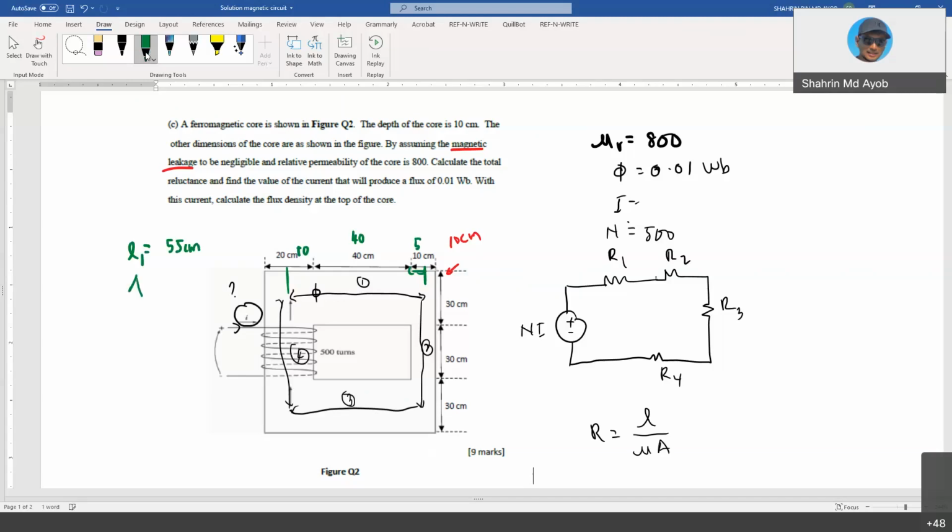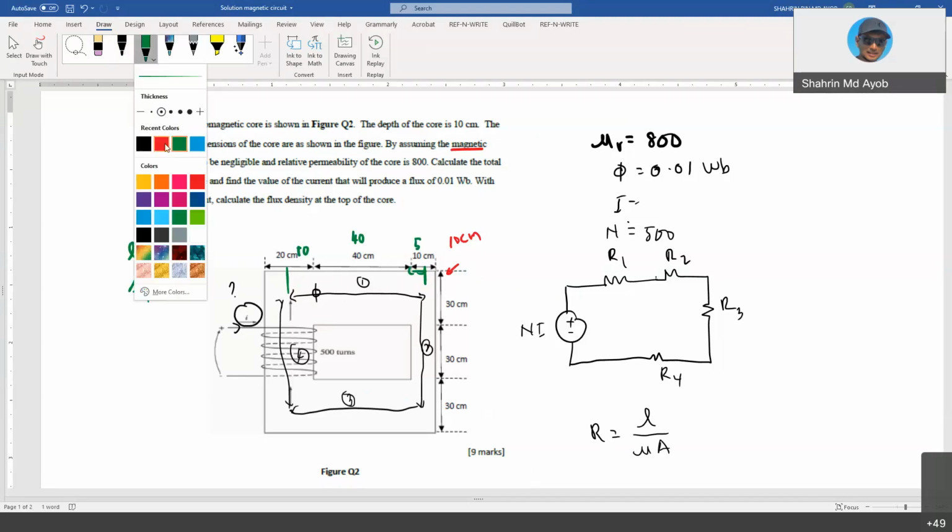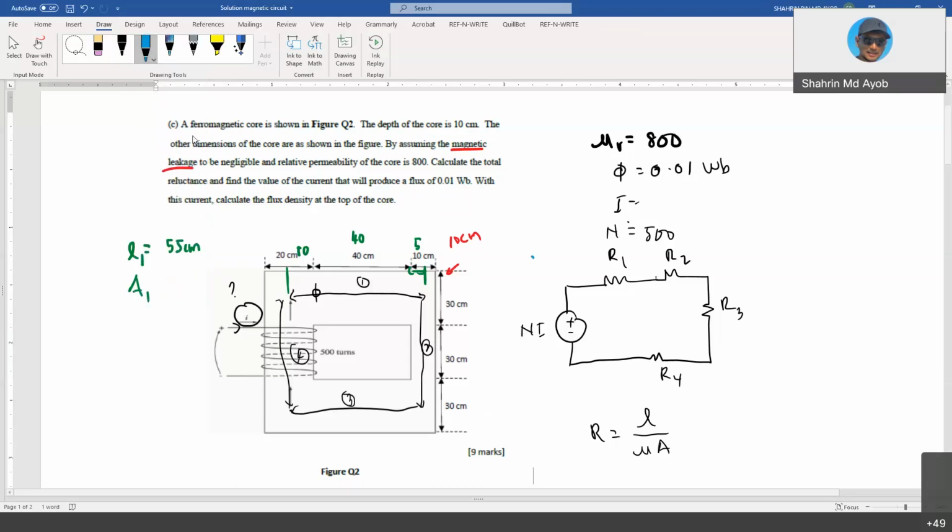And the cross section of segment 1. I need to use another color. This is the cross section for segment 1. So the cross section is this.